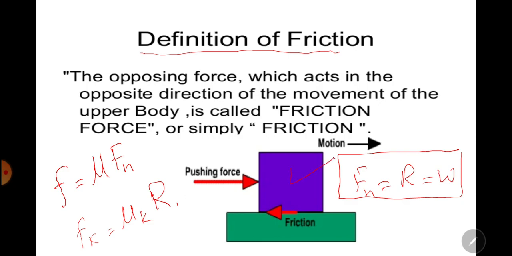If this body is in a state of rest, then the force of friction between this body and this body is called static friction, and the maximum value of static friction is called limiting friction. If this body slides on the surface of another body, then the force of friction is called sliding friction. And the force of friction between the rolling body and the earth surface is called rolling friction.